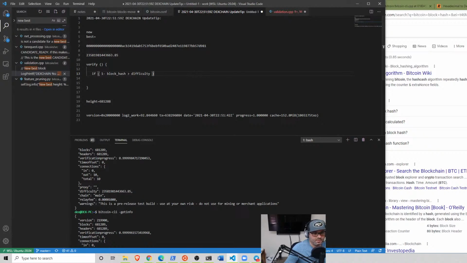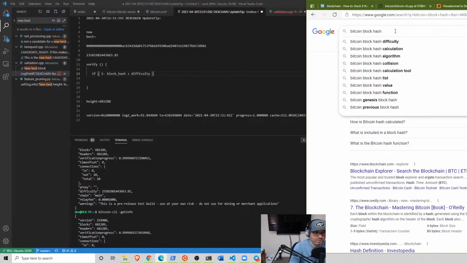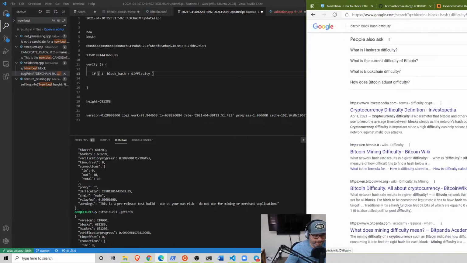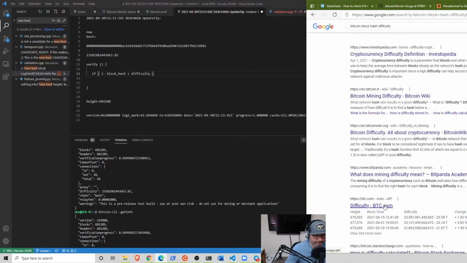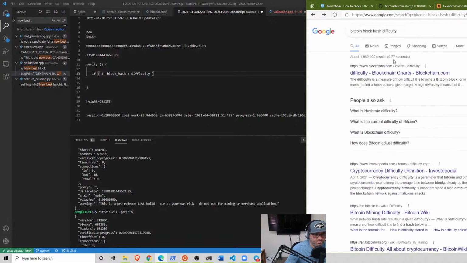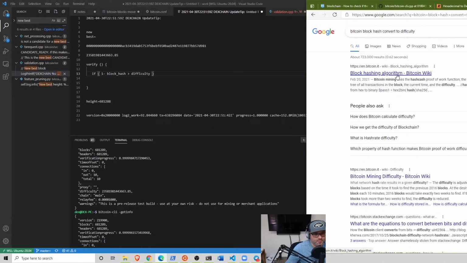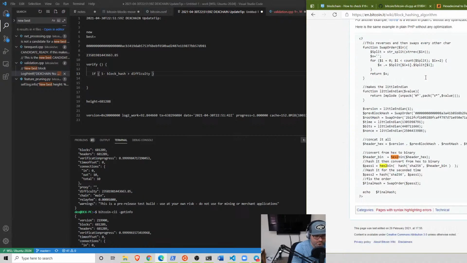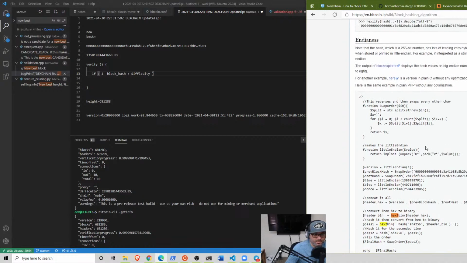Let's get the exact Bitcoin block hash difficulty. We want to convert the Bitcoin block hash to difficulty. Hex to bin. Here we go. Endianness.